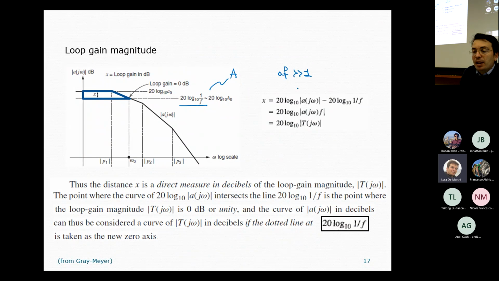And then we have T, which is given by this distance. So this quantity here is T of j omega, the loop gain. In this case, this is indicated by letter x, little x.